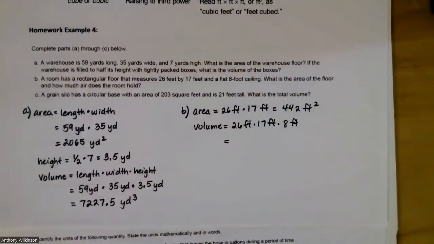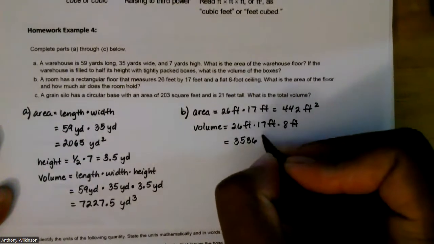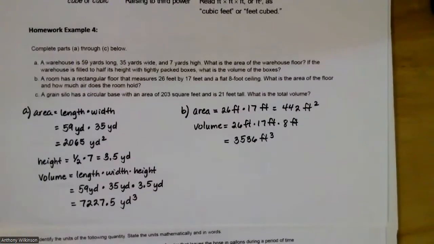So 26 feet times 17 feet times 8 feet will end up being 3,536 cubic feet.